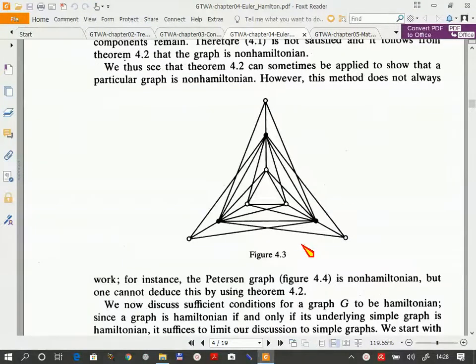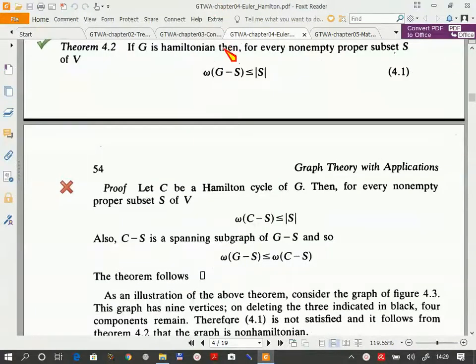This is 4.3, and just a little difference from here to figure 4.7, but this is not Hamiltonian, while the other one is, okay? And this you can check as non-Hamiltonian just with the contrapositive of this one, okay?